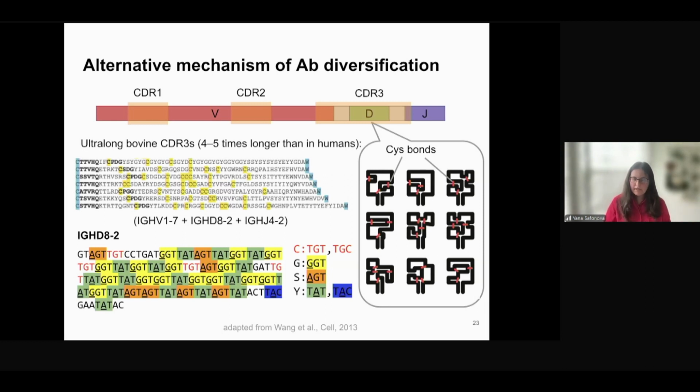That is kind of hopeful because previously we said that if you have repetitive Ig loci and you lose gene diversity, maybe you are screwed, but cattle actually show us that there could be an additional antibody diversification mechanism that can provide the species with additional diversity.